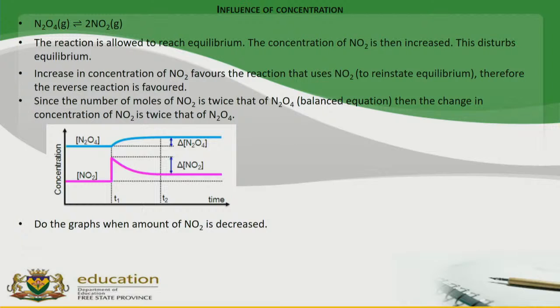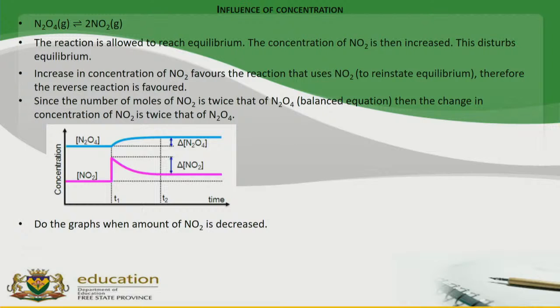How will we see that new equilibrium is reached? It will have another horizontal line showing that the concentrations have remained constant. Now, what is important for you to note is when you draw those graphs, bear in mind that the reaction is balanced.